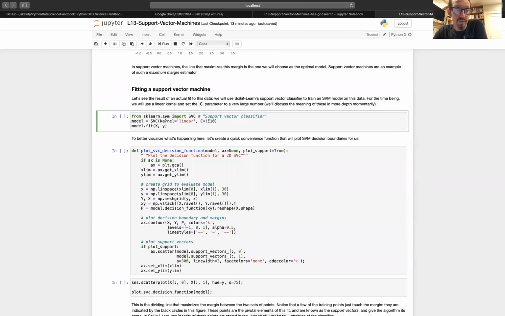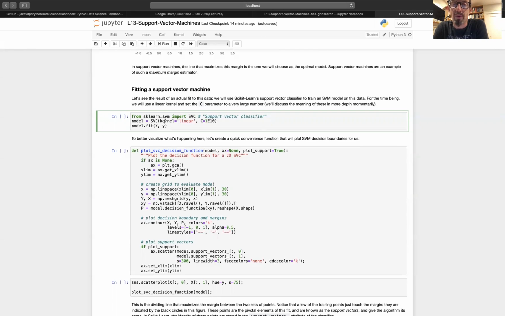All right, so to get the job done, we need to use the Scikit-Learn library for support vector machines, okay? So in this case, we're going to use the SVC, which is a support vector classifier. Just so you know, although we're not addressing it at all here, you can use this same math to do a regression instead of a classification, okay?